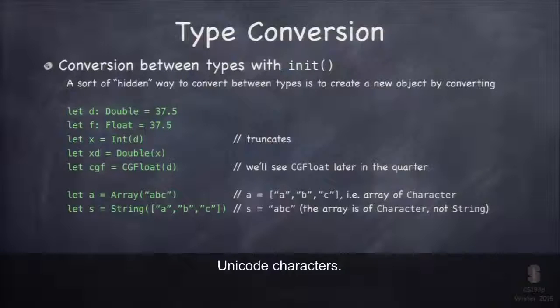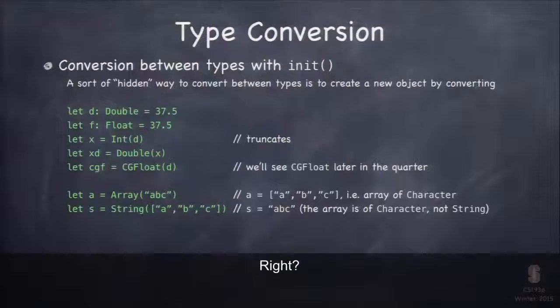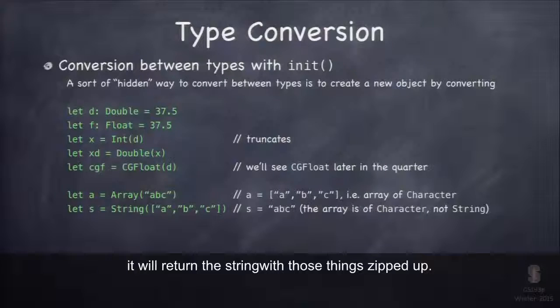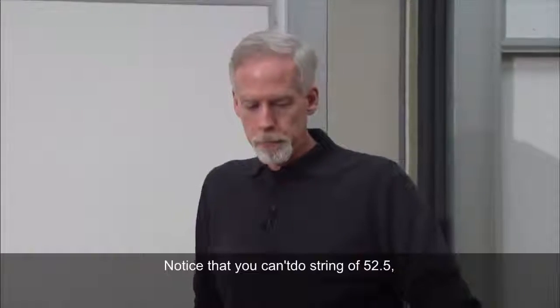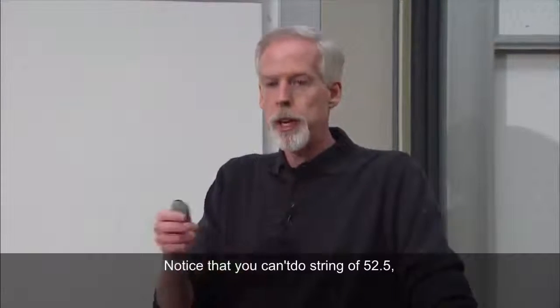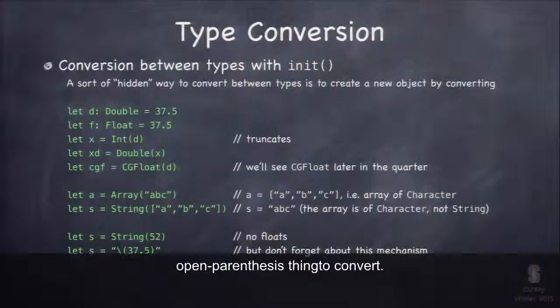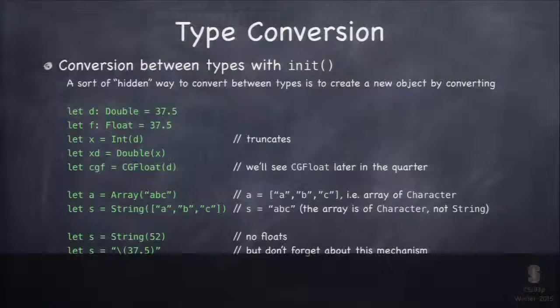Or vice versa, you can have an array of Unicode characters, and you pass that to String's constructor, and it will return a string with those characters zipped up. So there's kind of a hidden thing there. Notice that you can't do String of 52.5, but that's okay because you have that backslash open parentheses thing to convert floats to strings. You can do String of 52 though, because it has toInt, it kind of knows how to do that.